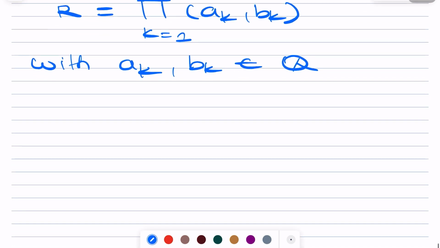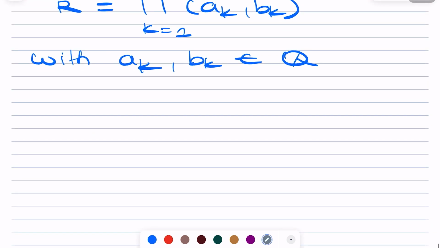So the sigma algebra generated by the family R is exactly the Borel sigma algebra on R^n.